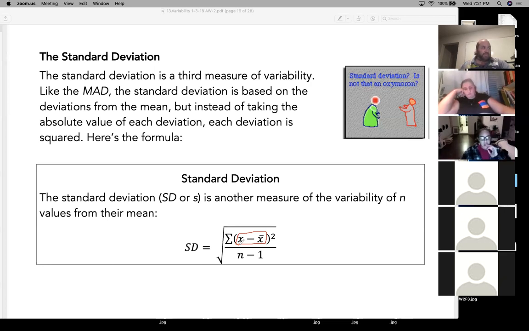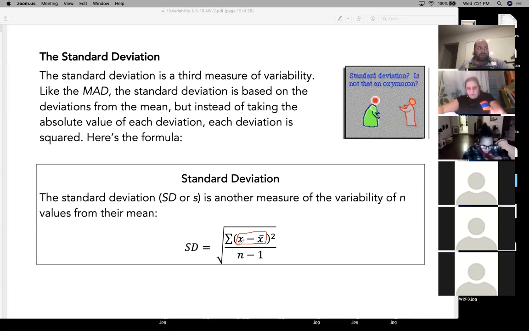We took the absolute value to make sure they're all positive, and we added them all together, correct? Here, we do something different. We square them all and add them all up together. So we're still going to add them, but before we add them, we square them. Now, just like the absolute value, notice that squaring makes them all positive. So whether it's negative or positive, you square it. Now we only have positive numbers.